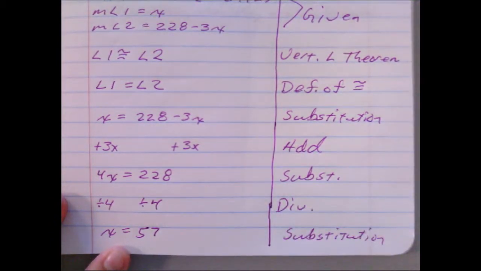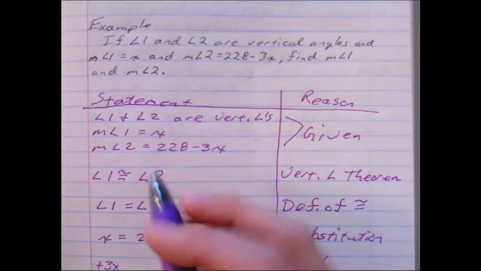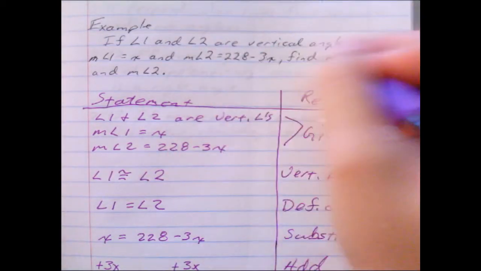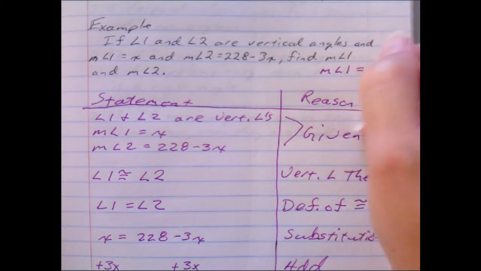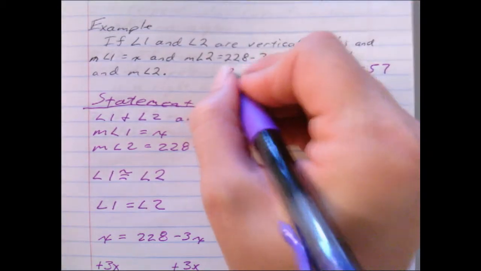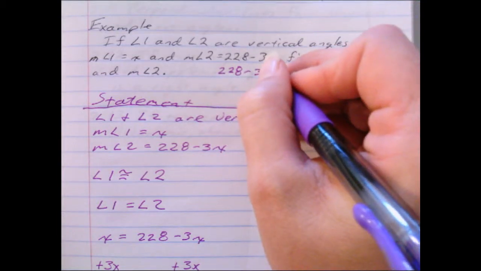Okay, so then we do have our x. X equals 57. They said to find the measure of angles 1 and 2. So we're going to come back up here to the top. So if we know that angle 1 is x, so we're going to plug in the measure of angle 1 equals our 57, and the measure of angle 2 is going to be 228 minus 3 times the 57.